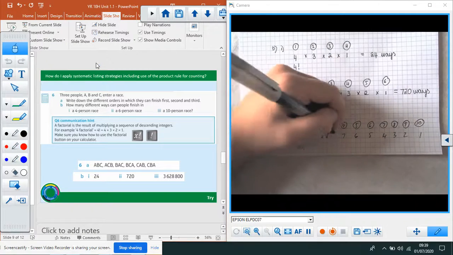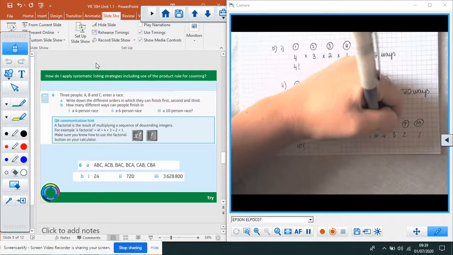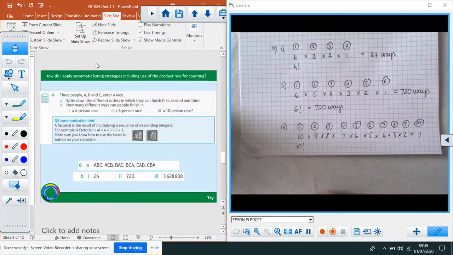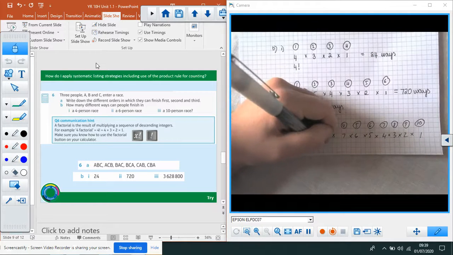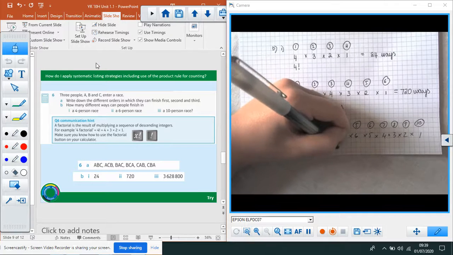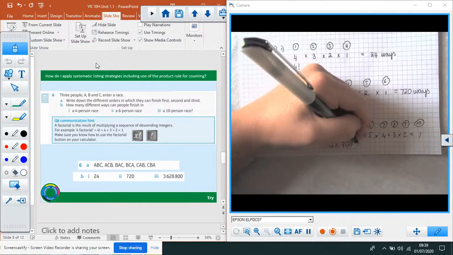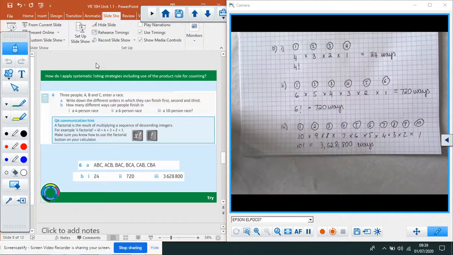Multiply them together, and you would get 3,628,800 ways. Okay? They're all the different combinations that each person could finish in a 10-person race. It's a lot of ways, isn't it?